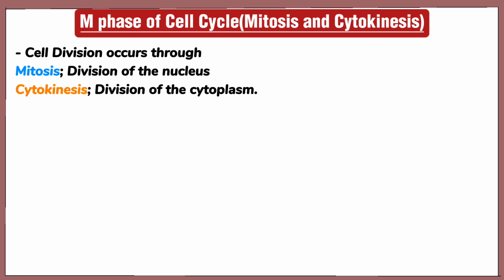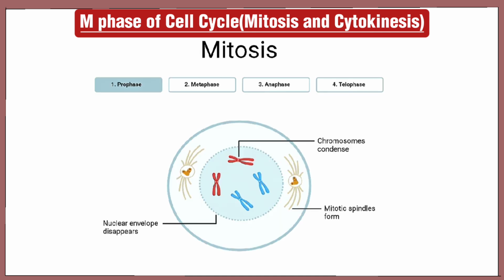Mitosis has 4 phases, which are Prophase, Metaphase, Anaphase, and Telophase. In Prophase, chromatin condenses into chromosomes, spindle fibers form, and the nucleus and the nuclear membrane disappear.